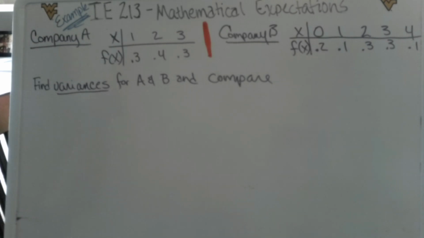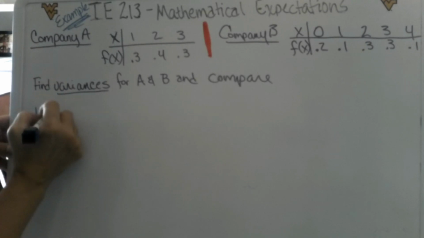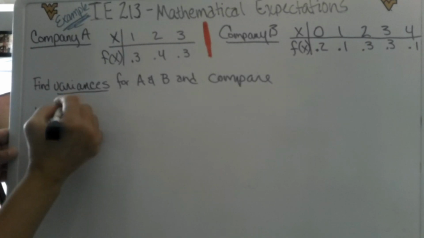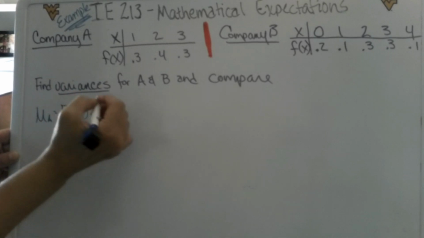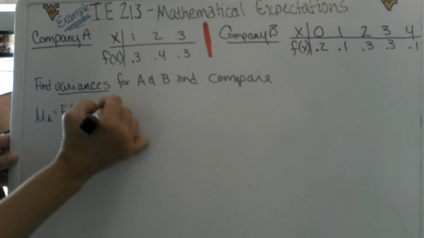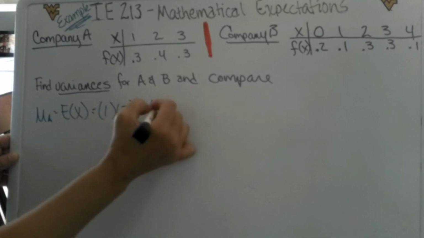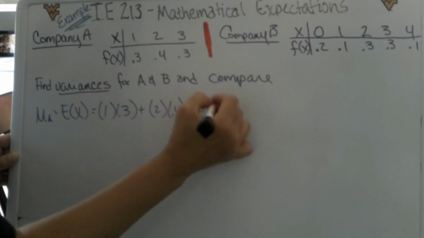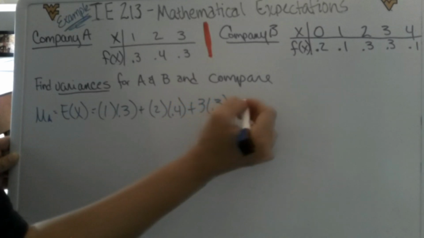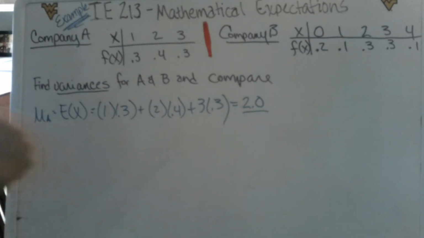So we're going to start with Company A, and we're going to find mu A, or the expected value of x. So we look at each x times f of x and sum them. So we have 1 times 0.3 plus 2 times 0.4 plus 3 times 0.3 is equal to mu of A of 2.0.